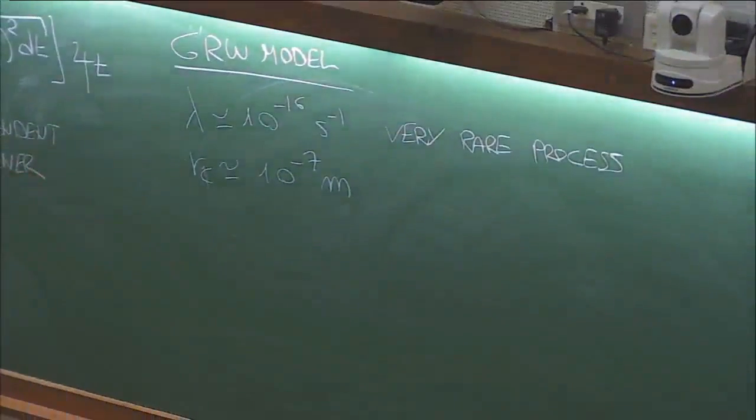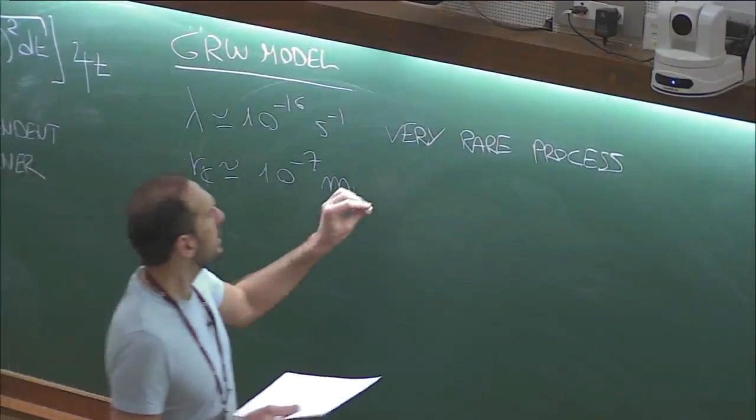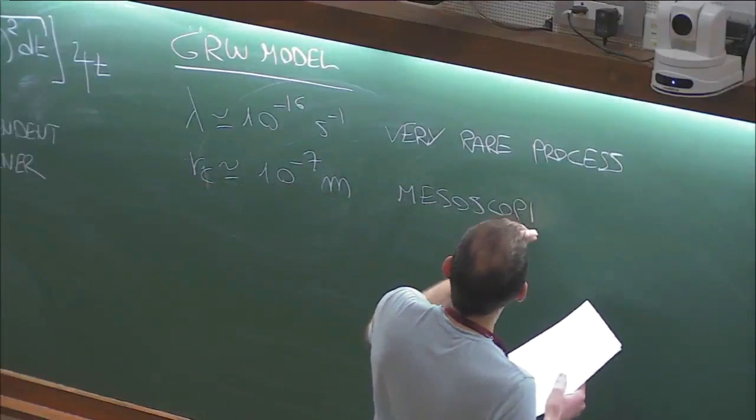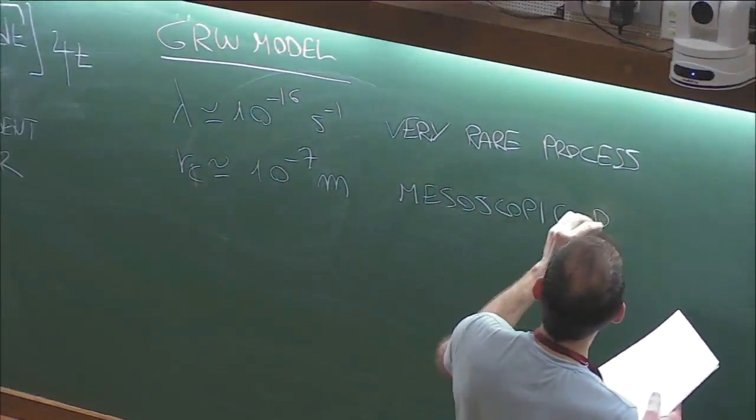In fact, these models do not want to change the quantum nature of matter. Matter is described successfully by quantum mechanics. And RC, what is this? This is a typical mesoscopic distance.